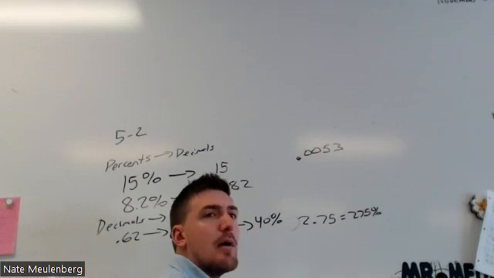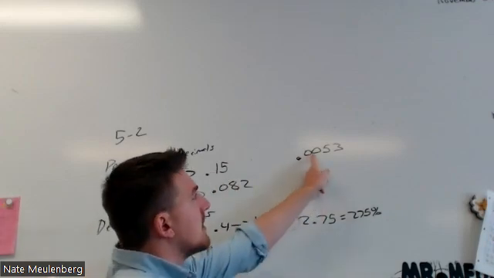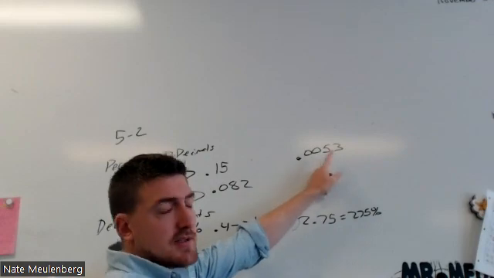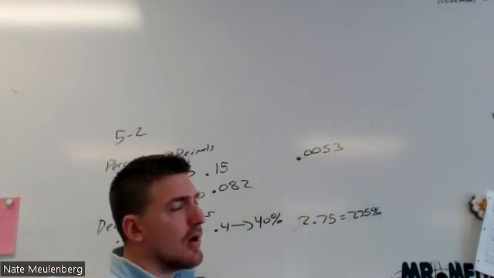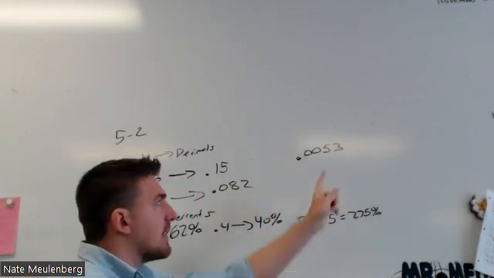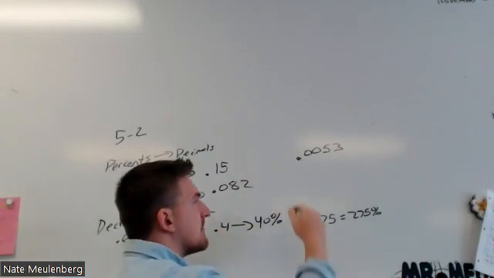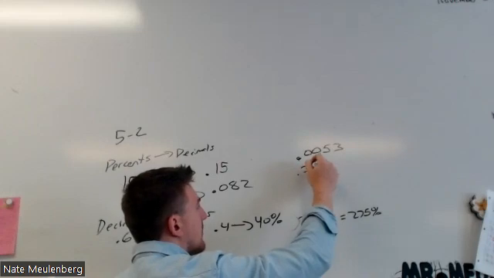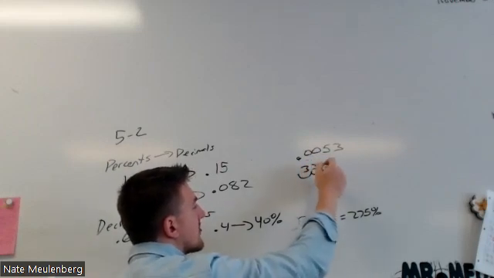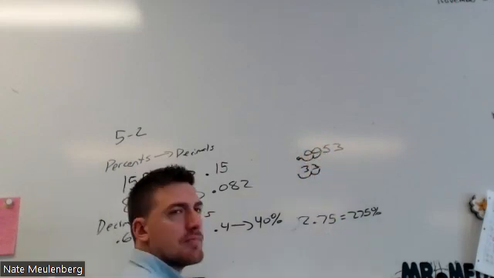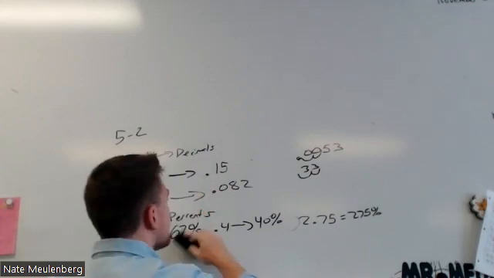It's 0.53, right? But it can be a little bit tricky. So do I move this to the left or to the right? I don't know. So if that happens, think of another decimal, like 0.33, and then just know, okay, you need to move this to the right, so you need to move this one to the right. Does that make sense? Okay.